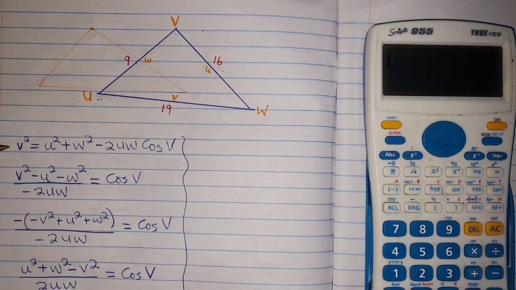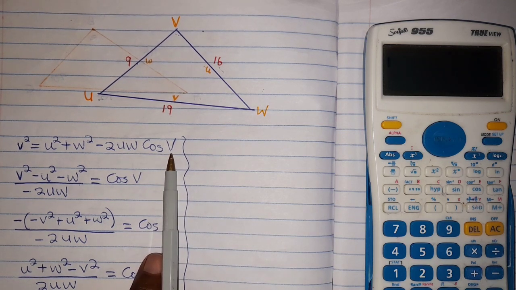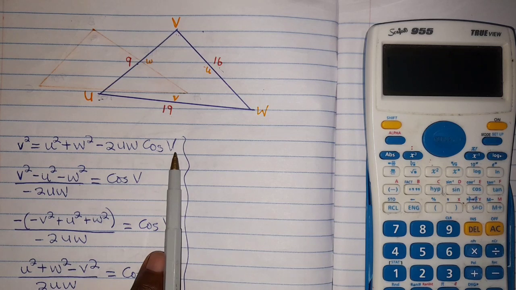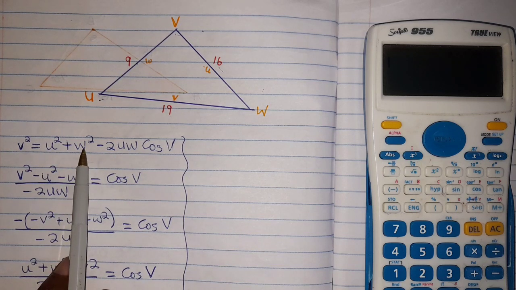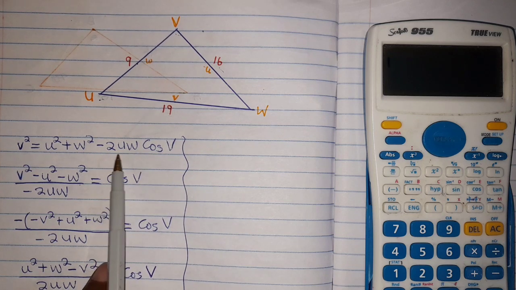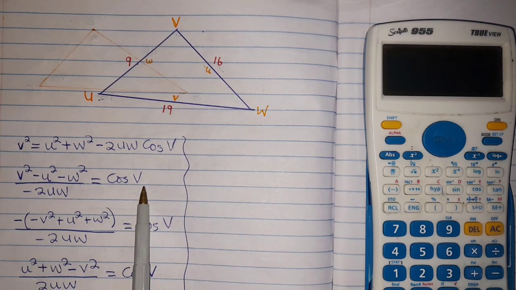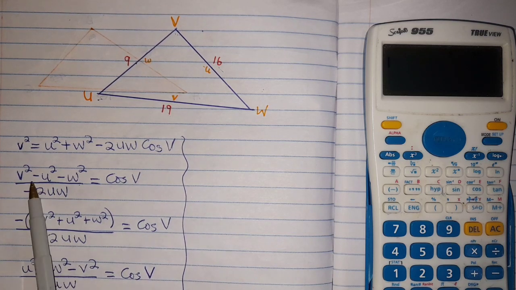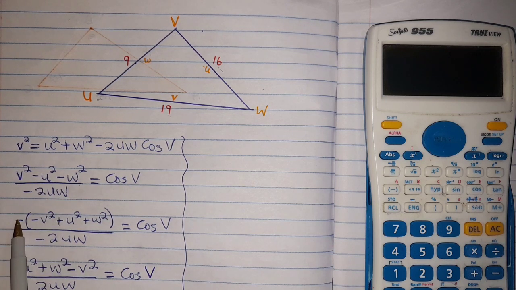We use the same cosine rule, and I want to determine the size of angle V. So what I just have to do is to make cos V the subject of the expression. The first thing, I take u squared and w squared to the left, and then I divide both sides by negative 2uw, and then I'm left with cos V. Everything else goes to the left, and from there I factored out a negative sign.